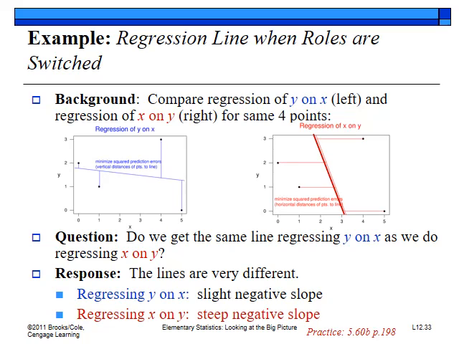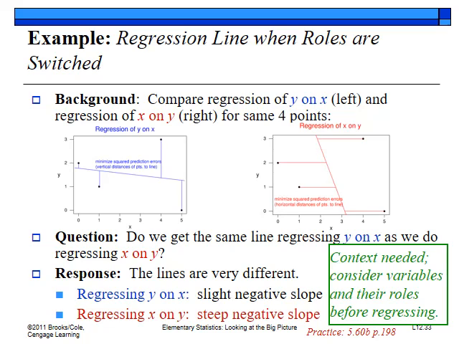On the right, we saw the same points plotted, but we're trying to minimize the prediction errors horizontally. That gives us that steep negative slope. So remember, when you're trying to find a relationship between two quantitative variables, consider the context. It's important. Decide which one you think should depend on the other, and assign the roles accordingly.